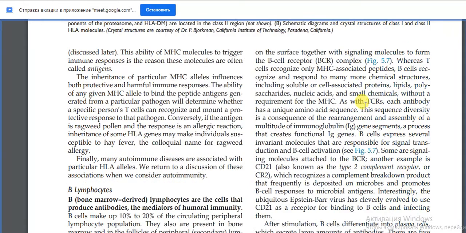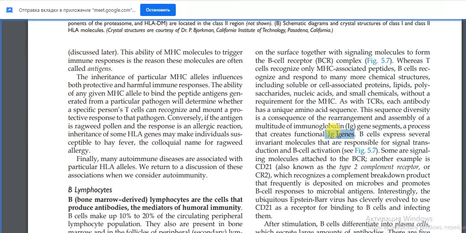Like T cell receptors, each antibody has a unique amino acid sequence. We discussed before that this is related to immunoglobulin genes. We have specific Ig genes in every cell, but they are active in B cells.